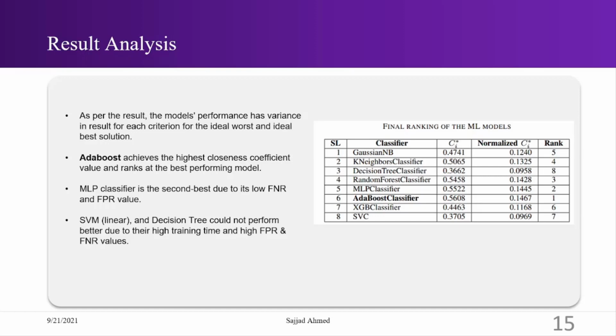And similarly, the second best classifier that we have found is the MLP classifier. Behind all these classifiers achieving the highest rank, we can actually think about the criterion weights that we have generated in the previous steps. And these weights can also be modified based on human preferences as well.